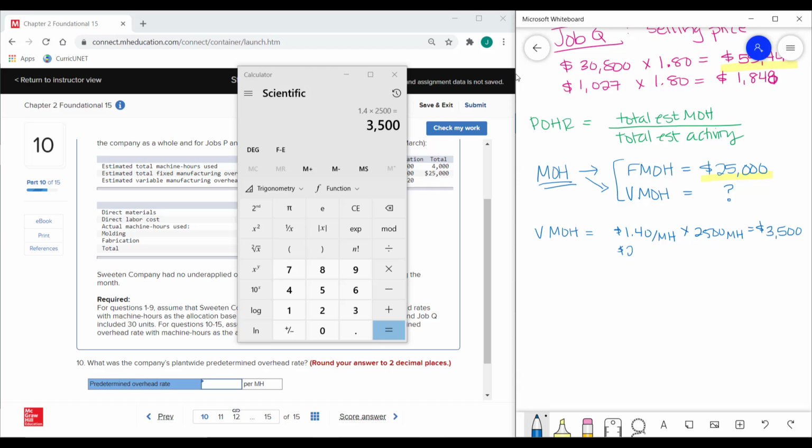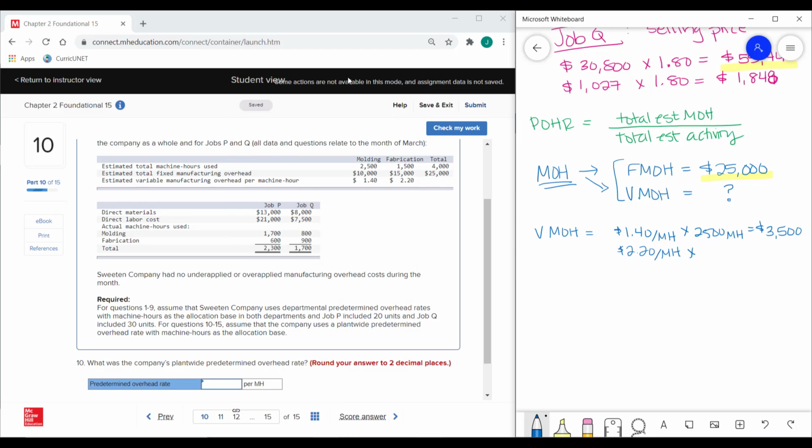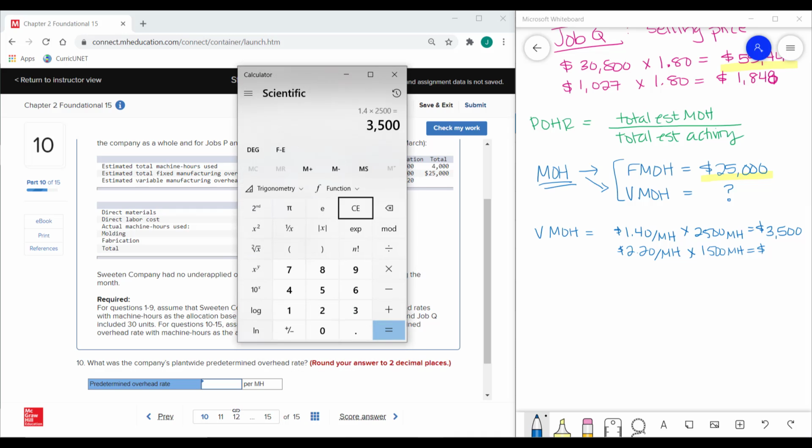And then for the fabrication department, it's $2.20 per machine hour, and the estimated machine hours in that department is 1,500. So we'll do $2.20 times 1,500 machine hours, and that's 3,300. So the total estimated variable manufacturing overhead to be incurred for the company as a whole comes out to $6,800 of variable manufacturing overhead.